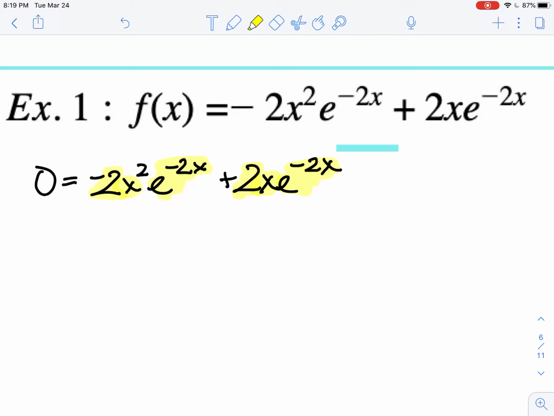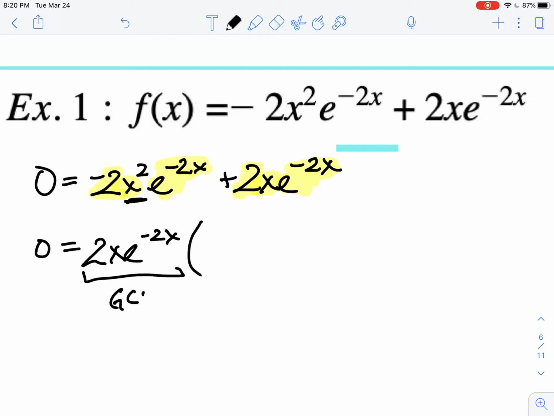So when I factor out my greatest common factor, there's still going to be an x left in this spot. My greatest common factor is 2, an x, and e to the negative 2x.